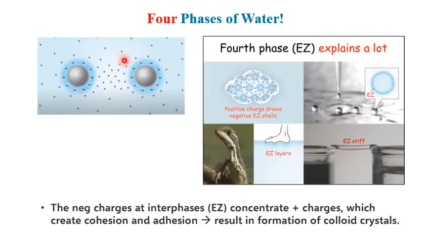A little bit away from the droplet, you have more positive charges. So when you put two droplets together, you're going to have an area that is negative charge, positive charge, and negative charge. Now remember, opposite charges attract. So what ends up happening is that these two droplets, when they are floating in the air, end up getting close to each other.